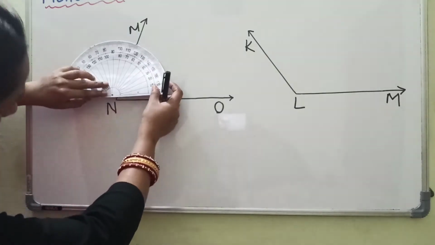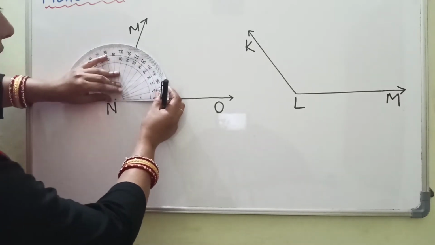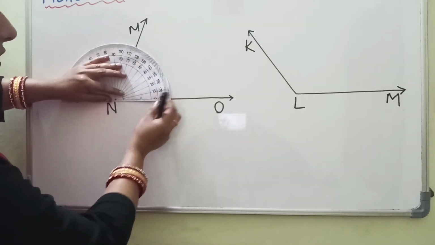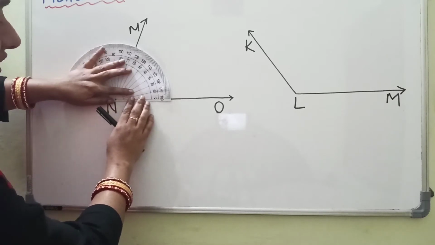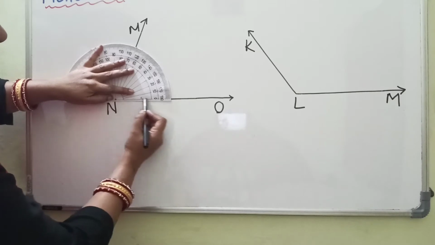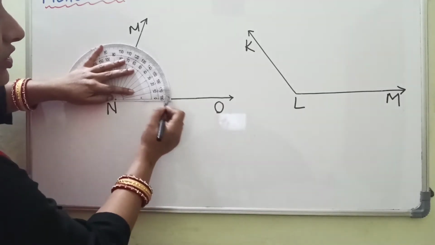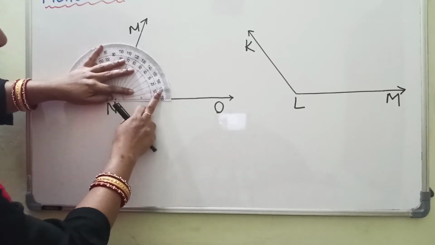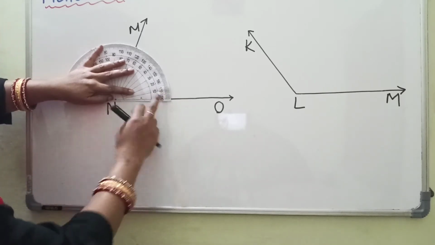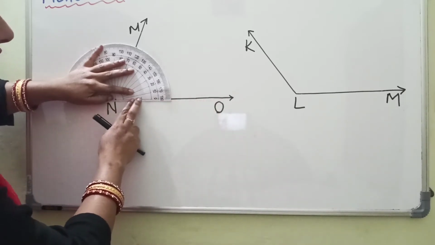So here I am adjusting the center of the protractor. Now slowly I will adjust the protractor in such a way the base line of the protractor is along one of the arm of the angle. So here if you will see, I have already adjusted this base line is along the arm of the angle.